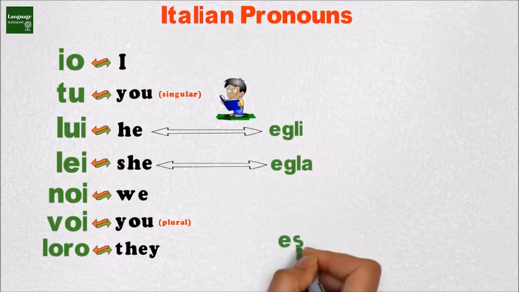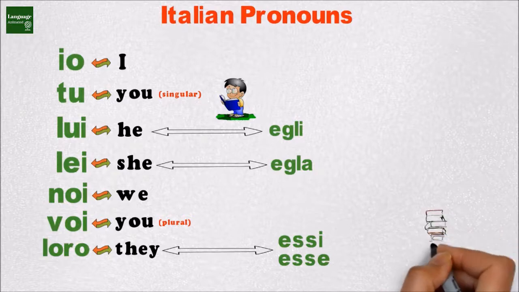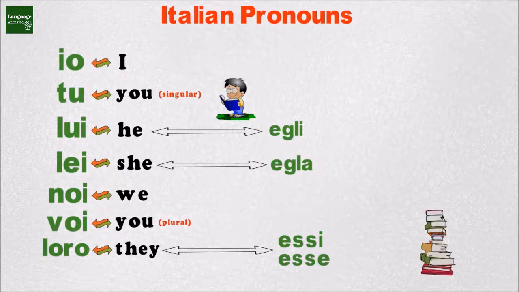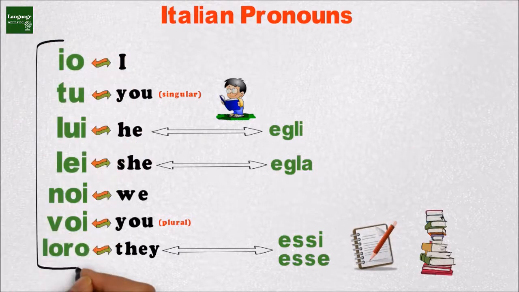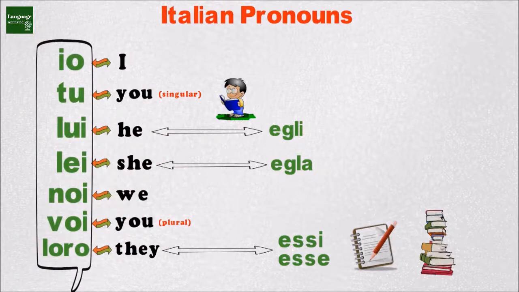And we also have essi and esse instead of loro, which is third person pronoun. It's also used mostly in textbooks and especially in grammar books, but they are not used in spoken Italian language. In daily life routine, you will use lui, lei, loro.